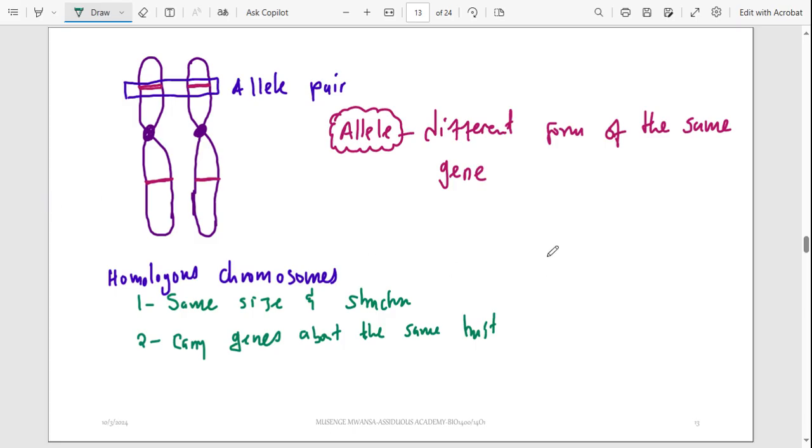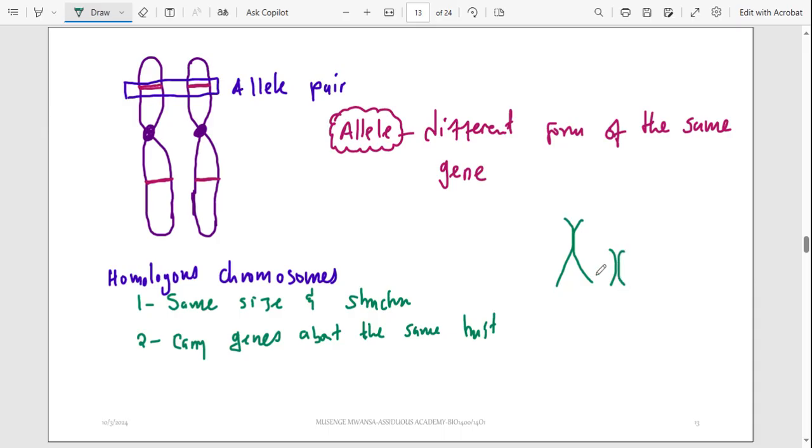Let's look at sex chromosomes. For the sex chromosomes, the X chromosome is something like this, and this is the Y chromosome.